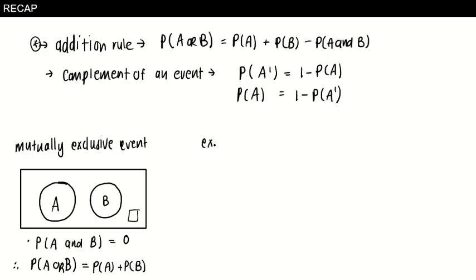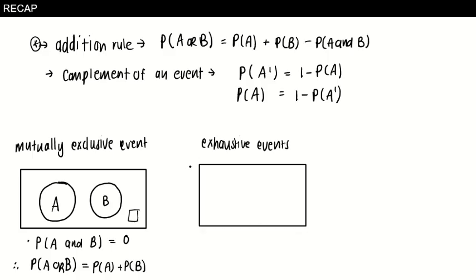Then we also get our exhaustive events. Now, exhaustive events are events where there's no outliers. So they could be exclusive, they could be inclusive, that doesn't matter. But what exhaustive events focuses on is the fact that there's absolutely no outliers. All the outcomes take place in the events themselves.